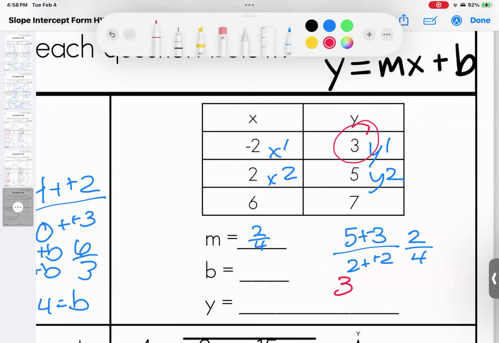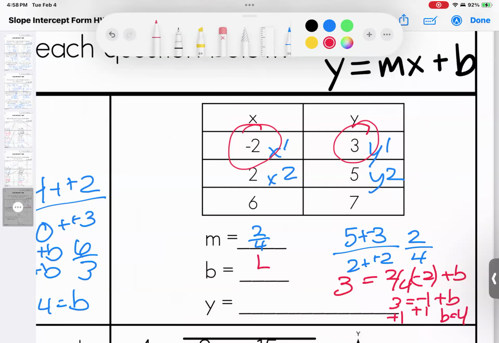Y equals mx plus b. So if we're doing 2/4 of negative 2, or essentially a half of it, half of 2 is 1, keep it negative. Plus 1, b equals 4.